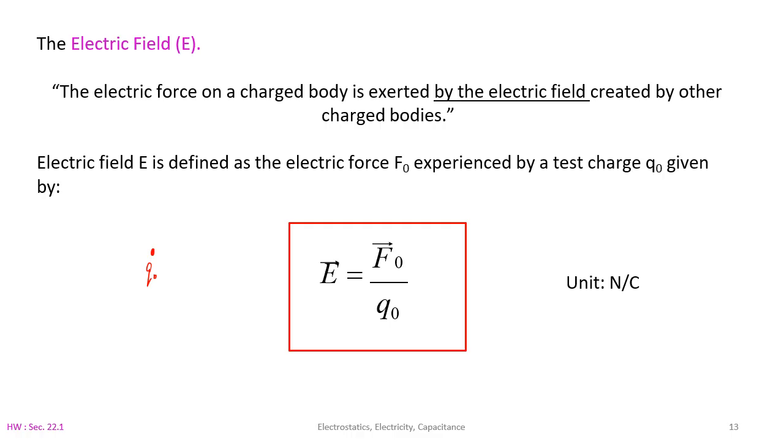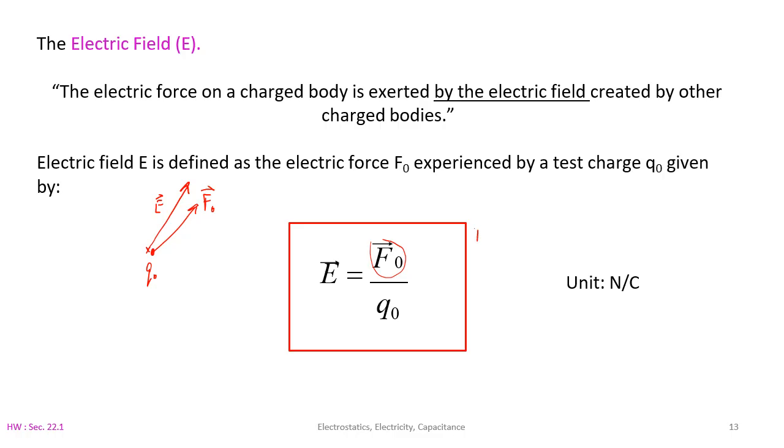And then I measure that it experiences a force like that. What that tells me is that at that point there is an electric field that's supposed to be parallel to the force on the test charge.